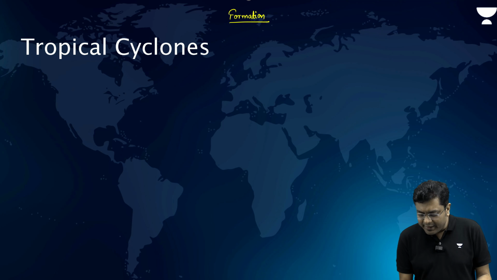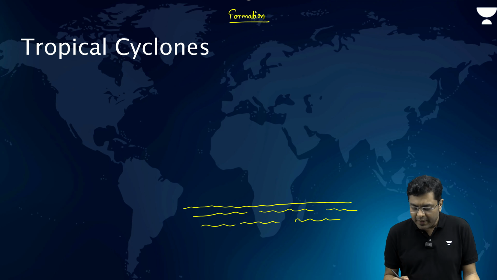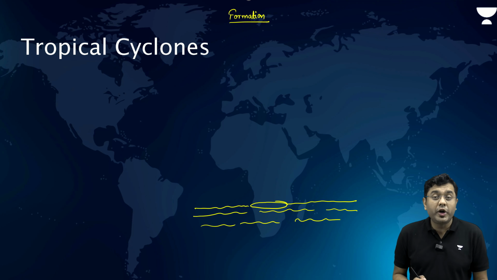So here, let's assume a large water body. Now, let's suppose this gets heated up quite significantly. So if you have a low pressure region here, you might have a doubt: why is it that only this area will get heated up, why not the entire water body?